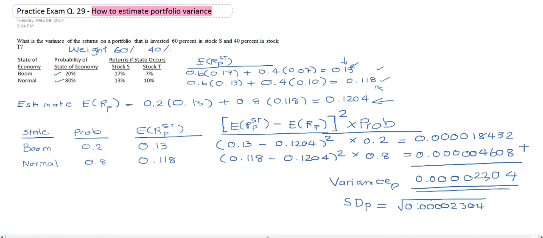But in this question you were asked to find the variance, so we have the answer equal to 0.0000023. I hope this video helped you learn how to find a portfolio variance, which actually does not seem very complicated at all. It just takes everything step by step. Hope this video helped.